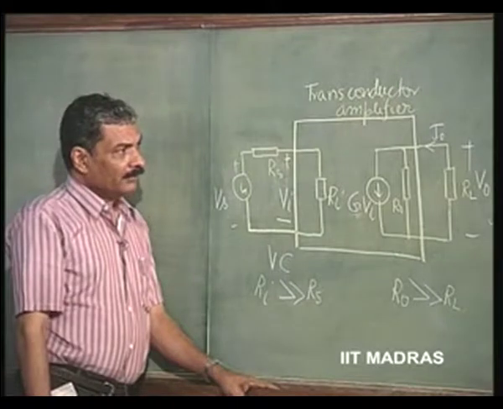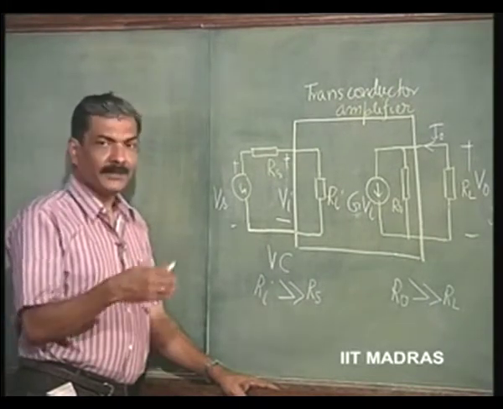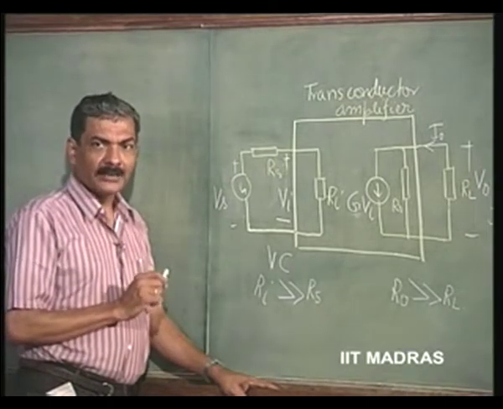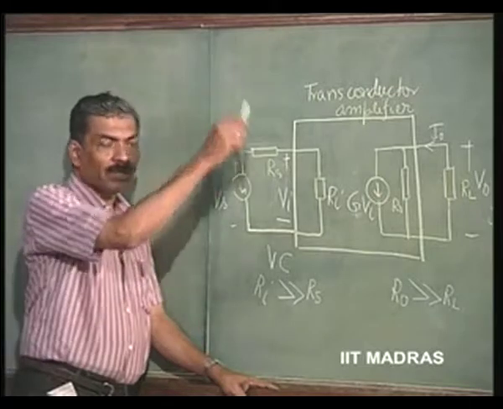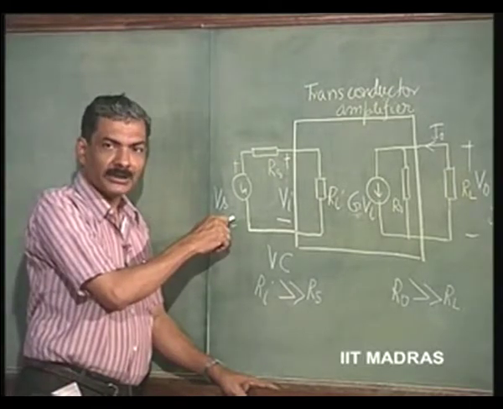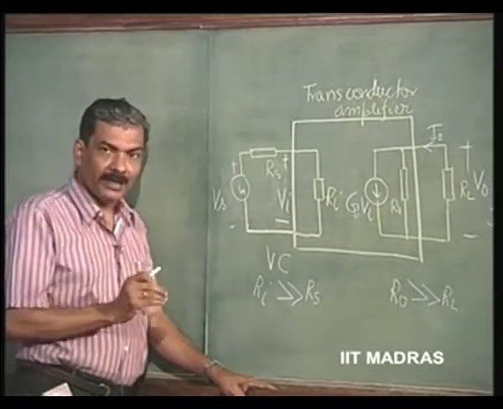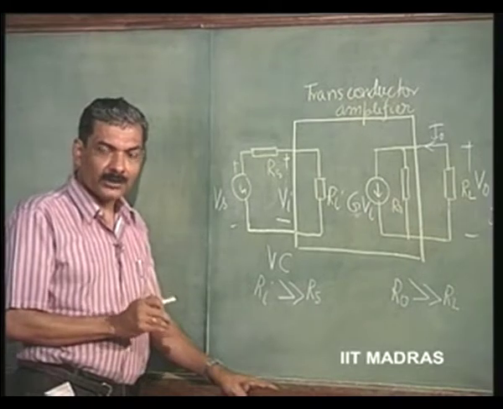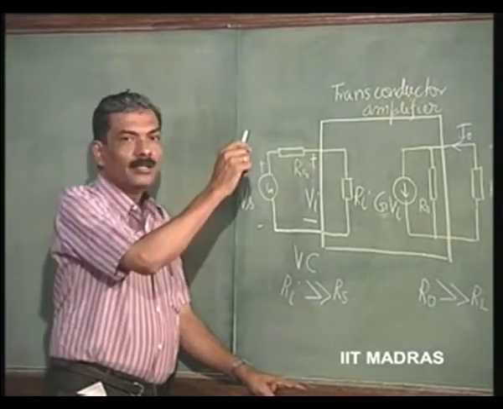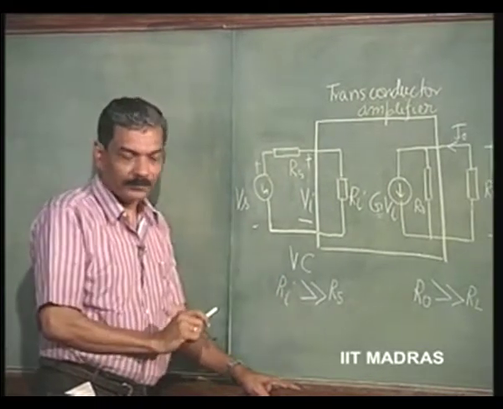So, we have later ample opportunity to identify the various devices that we are going to use as amplifiers as one of these, depending upon the type of source resistance and type of load resistance. This is something that you have to understand very well at this juncture itself, so that you are not confused as to what exactly is belonging to what category out of these four.